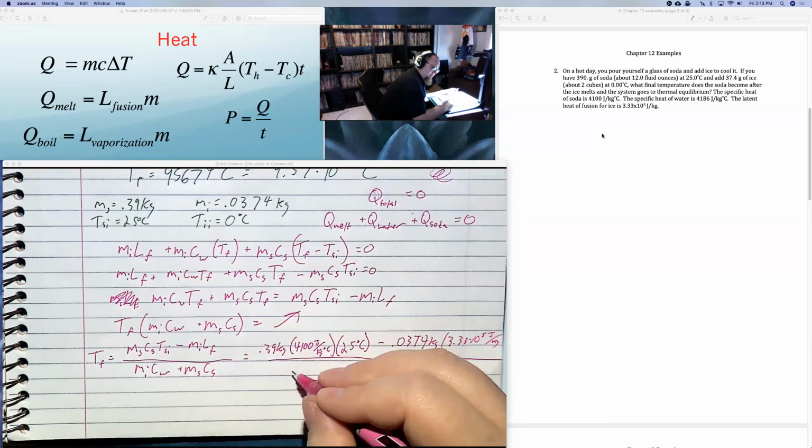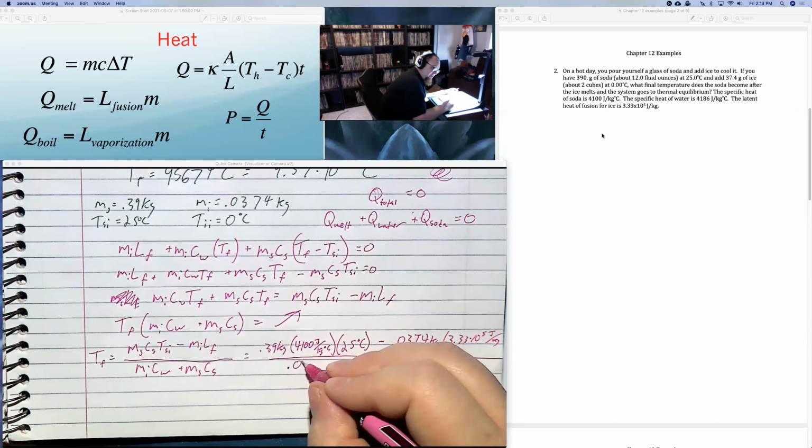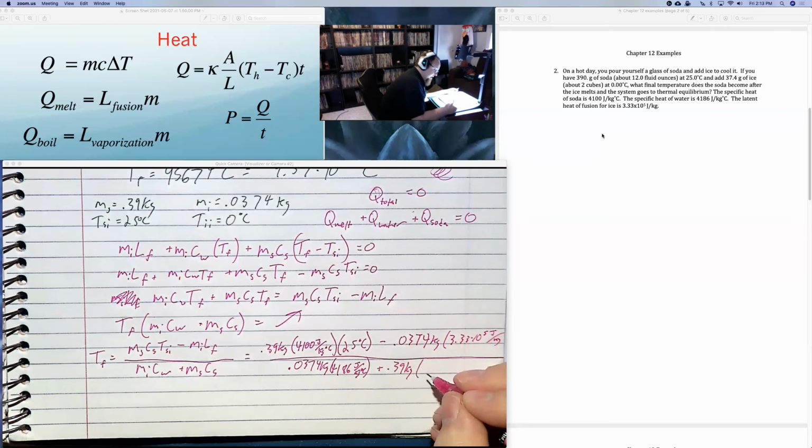I switched the order of these, okay? 0.0374 kilograms times 4186 joules per kilogram degree Celsius plus 0.39 kilograms times 410.